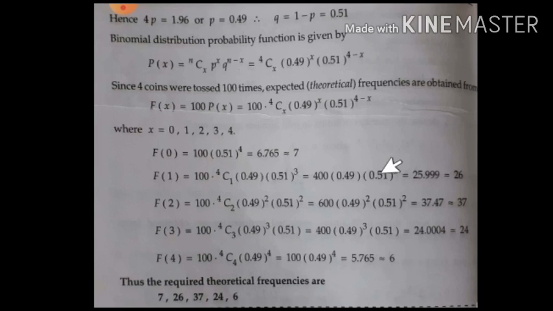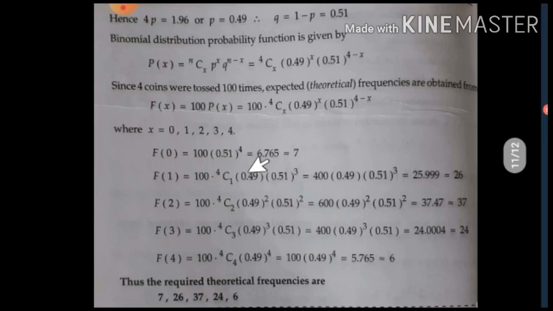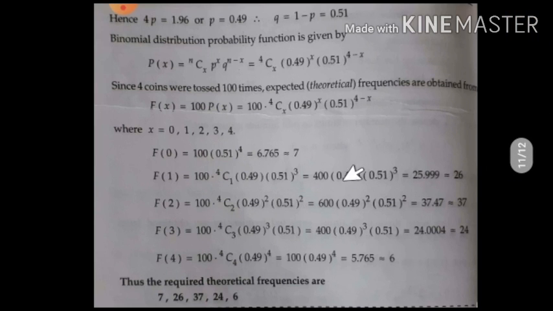Use the calculator and directly calculate it, no need to show the simplification steps, and write approximate answers, or you can fix it to 1 decimal so you can round it off easily. So the theoretical frequencies obtained are 7, 26, 37, 24 and 6. These are the theoretical or expected frequencies of fitting a binomial distribution for the given data.